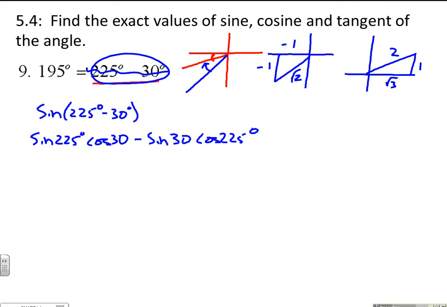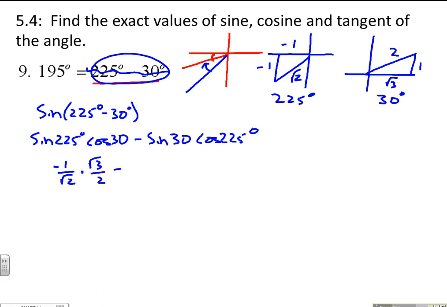So sine of 225, in our 225, opposite on hypotenuse is negative 1 on root 2. Times cosine from the 30, cosine adjacent on hypotenuse, or x on r, root 3 on 2.